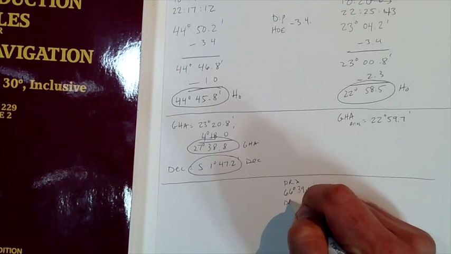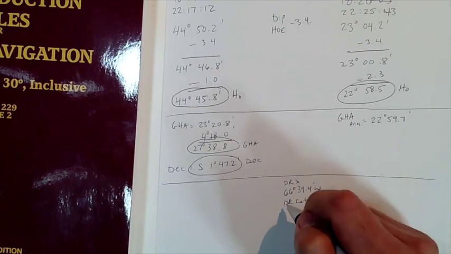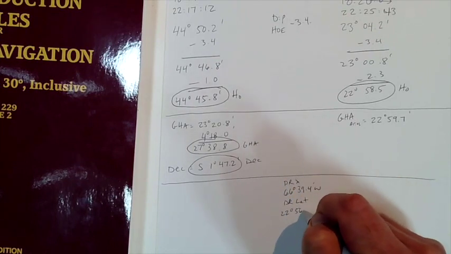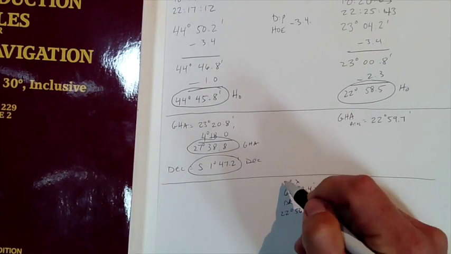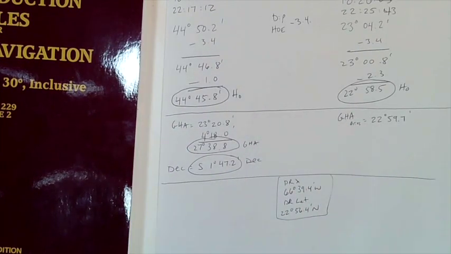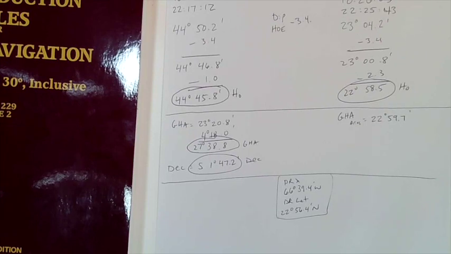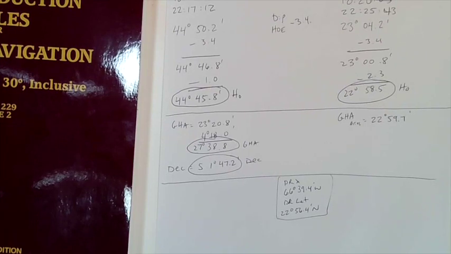Our DR latitude, our approximate position, was 22 degrees 56.4 north. So this is kind of our estimated position. We pulled it off the GPS in reality, so no big deal there. But yeah, we need that information for this step.